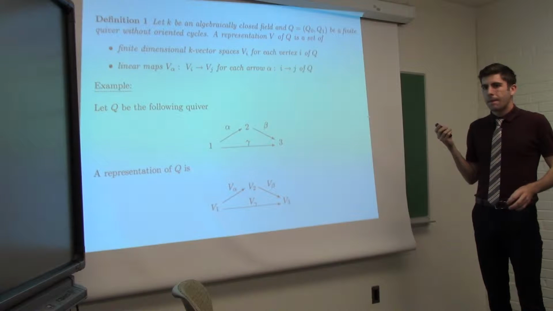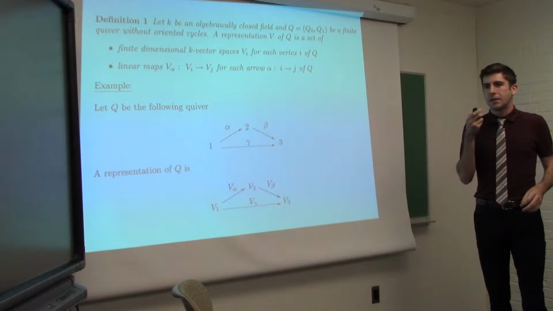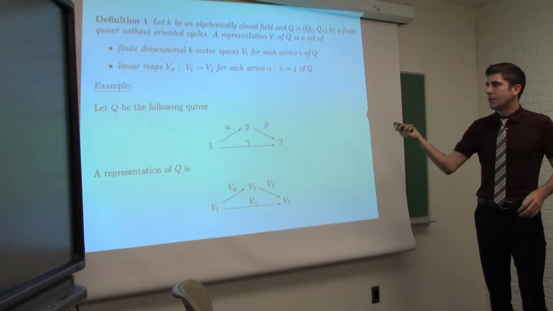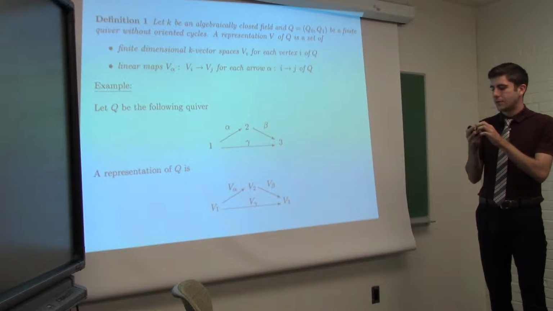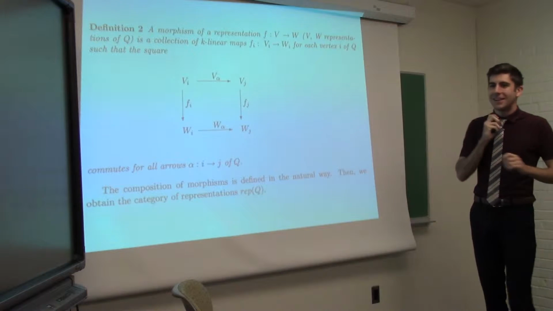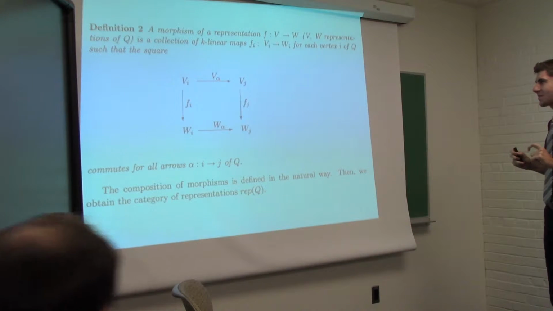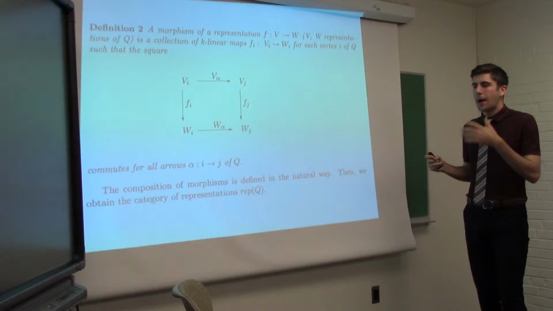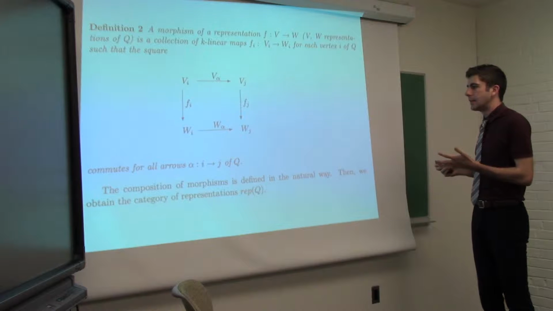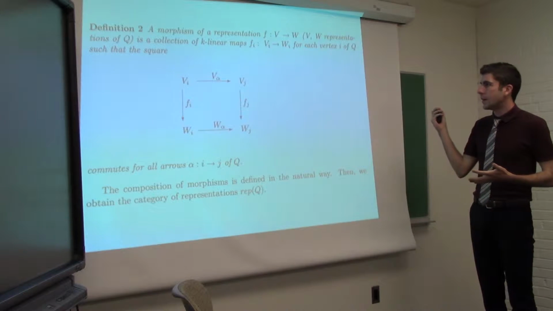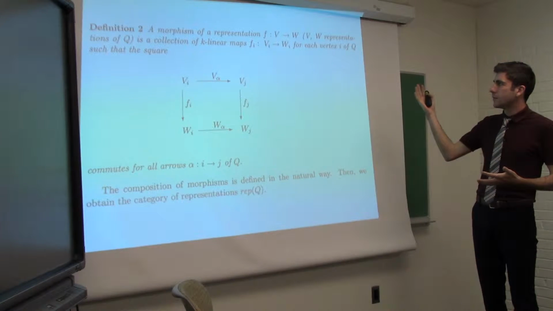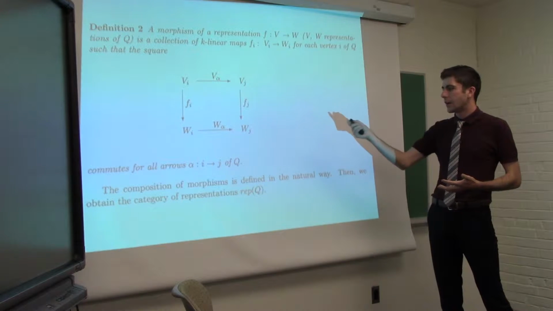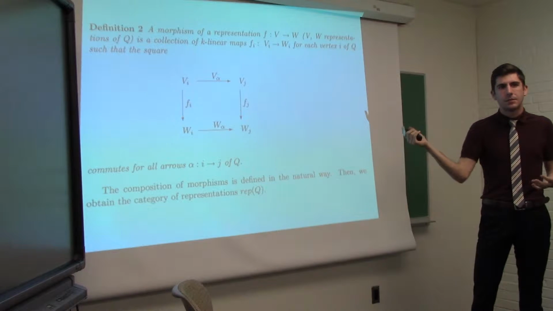Is commutativity required, commutativity of that kind of diagram? Commutativity is required. A morphism of representations is a map between representations, and it commutes if the arrows commute in this diagram, and that's going to be a necessary condition.